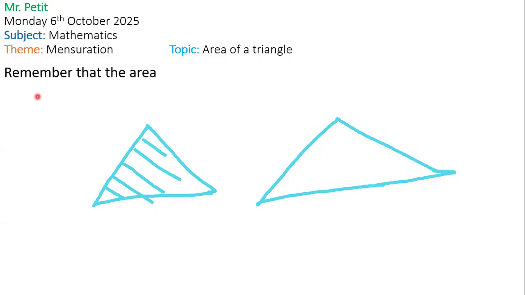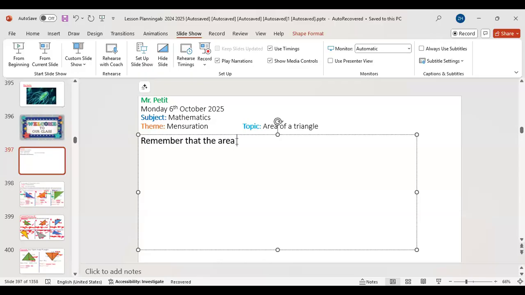Area, the space inside; perimeter, the distance around. Just remember those two. So remember that the area of a shape is the space inside of the shape.